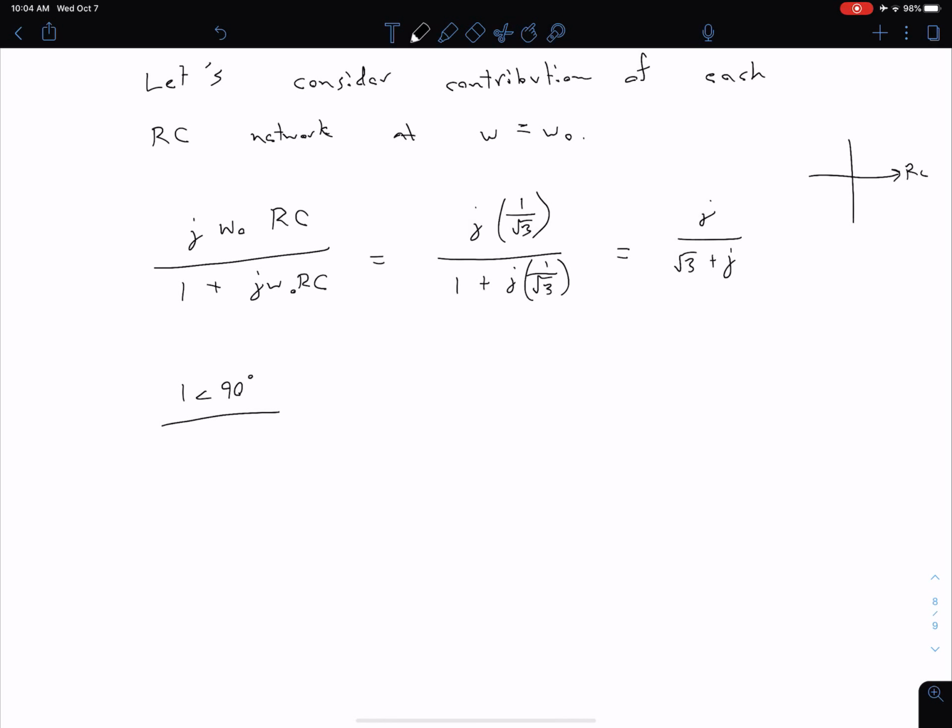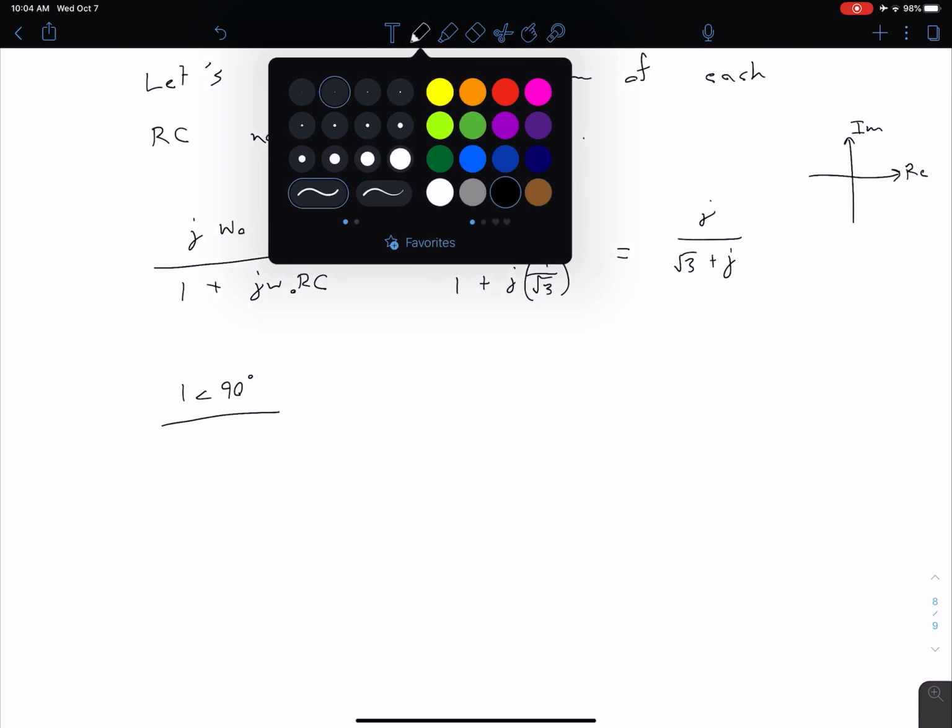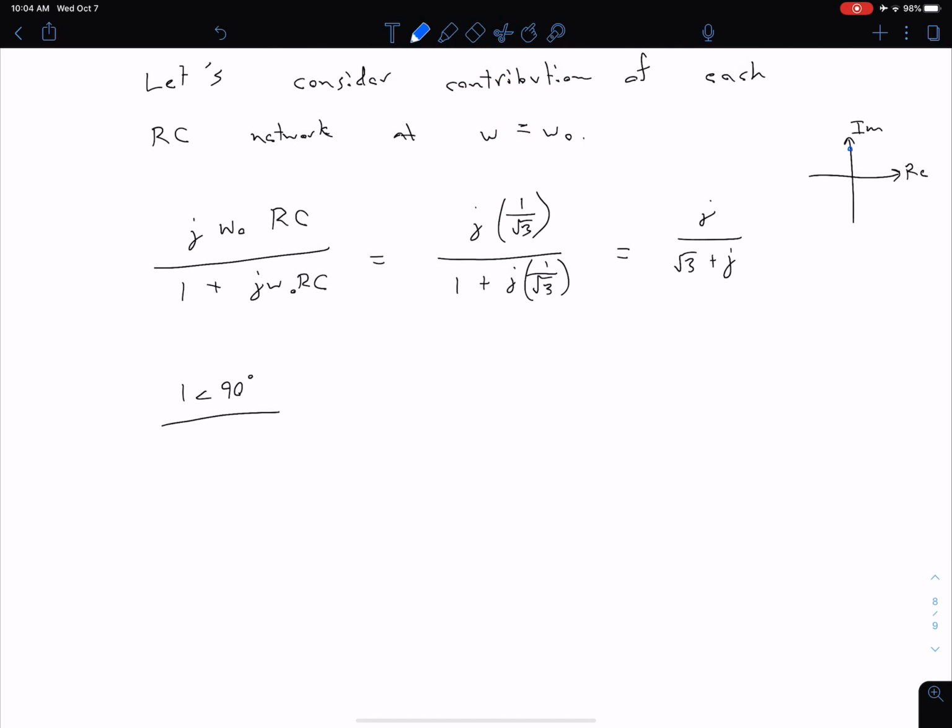If we have our real and imaginary axes, j is just a point here, so of course that makes this angle 90 degrees. Now for our denominator, the magnitude is the square root of root 3 squared, which is 3, plus 1 squared, which is just 1, with angle the inverse tangent of 1 divided by root 3.